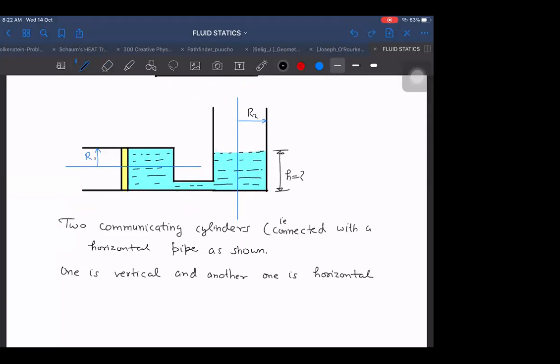Sir, horizontal force is rho g r square b and vertical force is 1/4 rho pi r square bg.